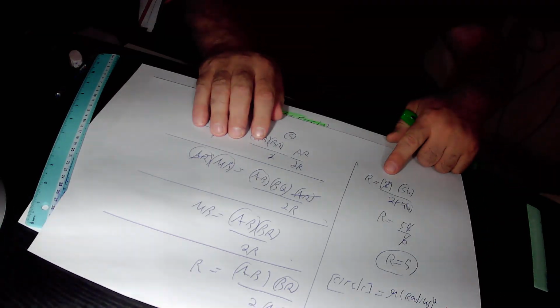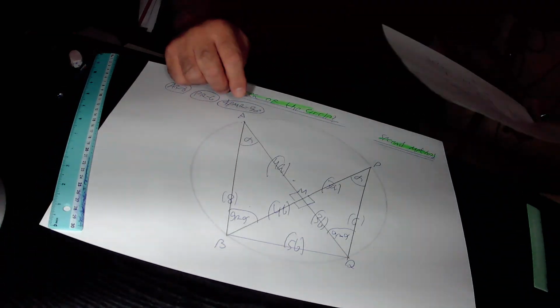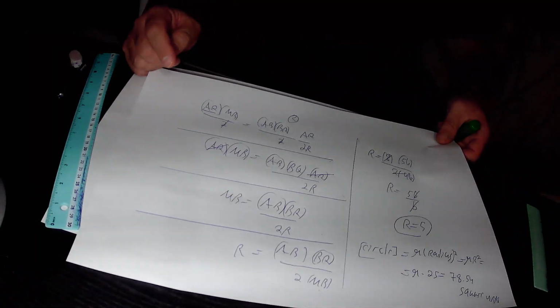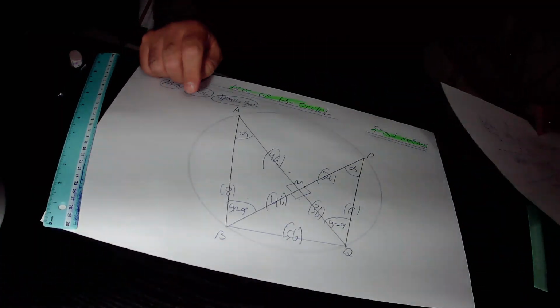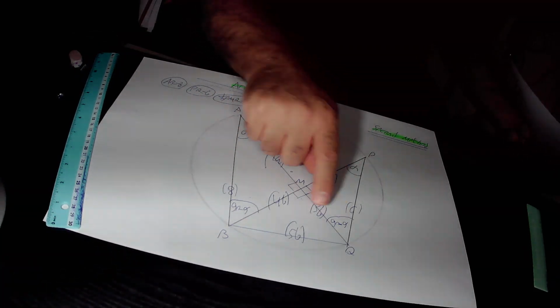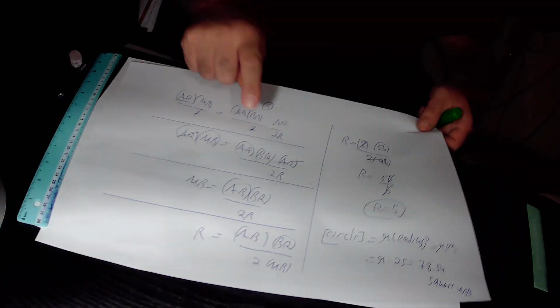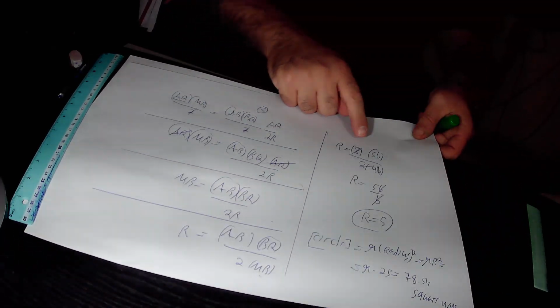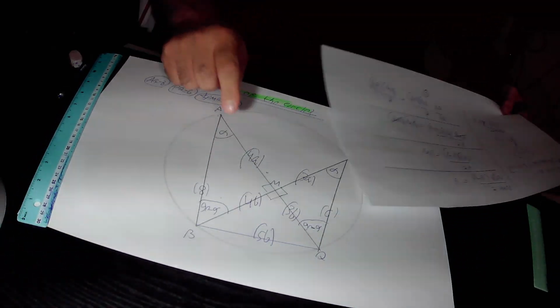So R equals AB, and AB is 8 according to what is given in the question, times BQ. BQ is 5B, so we substitute BQ by 5B, over 2 times MB.